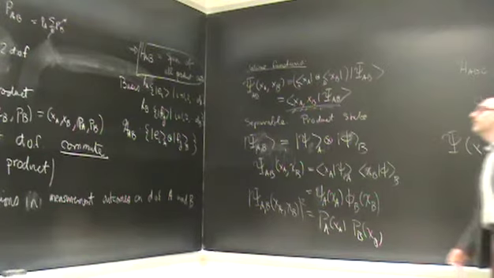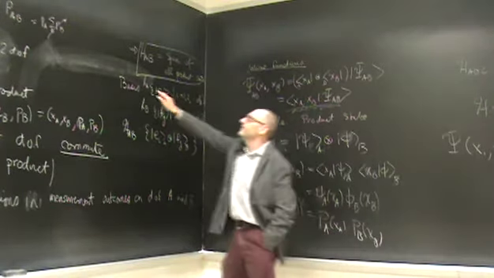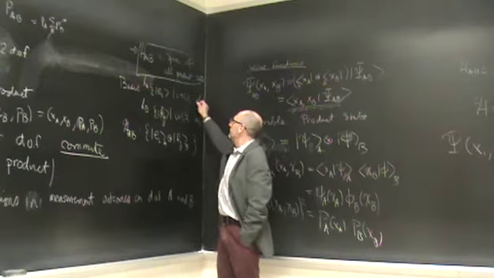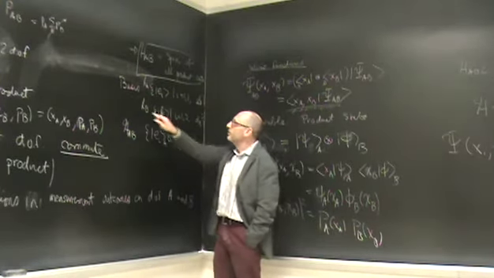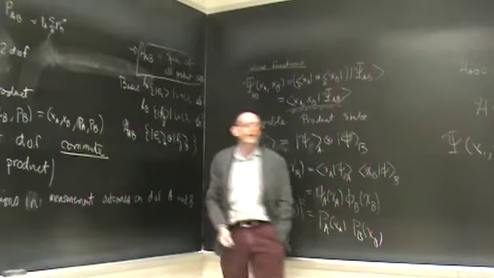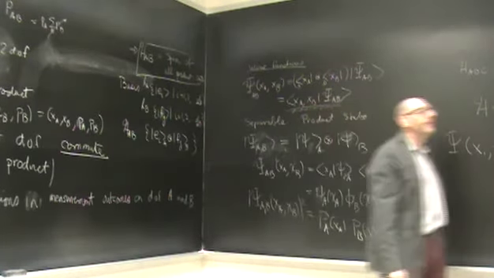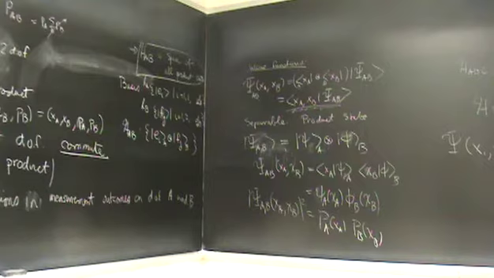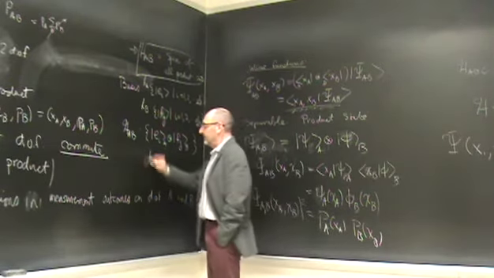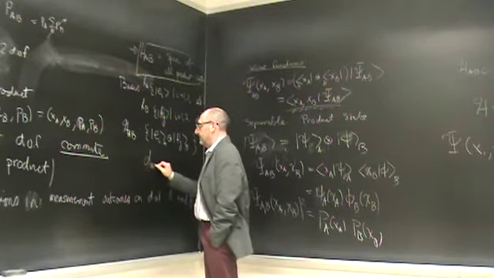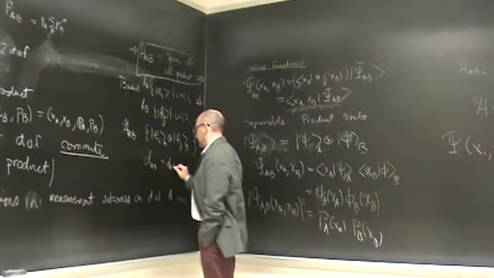Question: what if the dimension of Hilbert space A is D sub A, and the dimension of Hilbert space B is D sub B? What is the dimension of the joint Hilbert space? D sub A times D sub B. So the dimension of the joint Hilbert space is just the product of the dimensions.